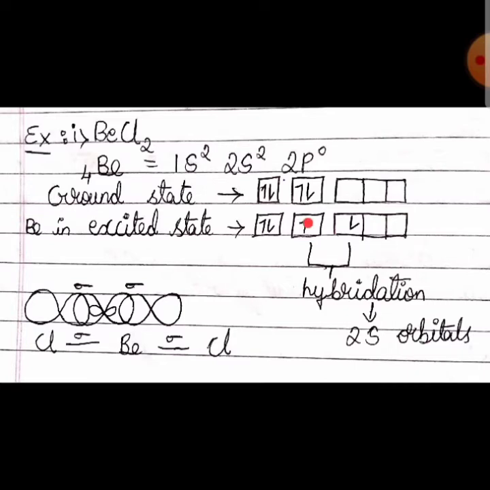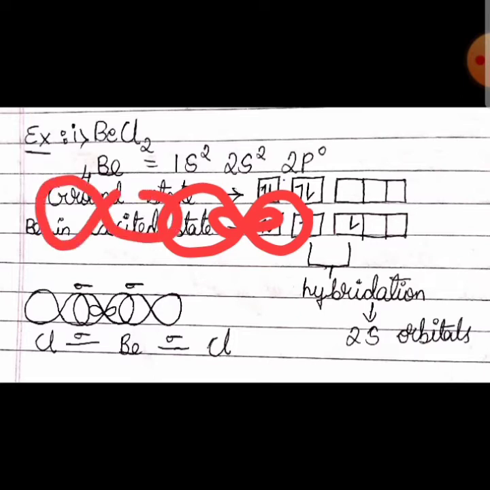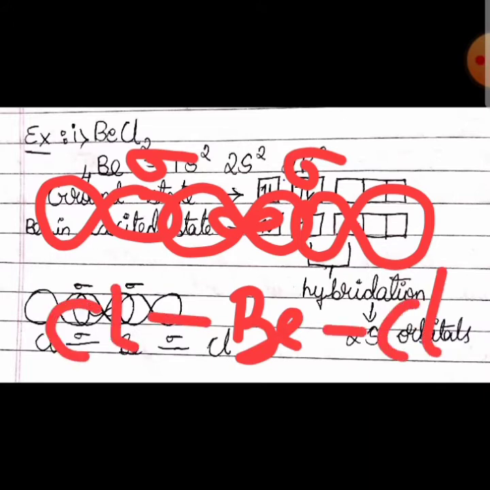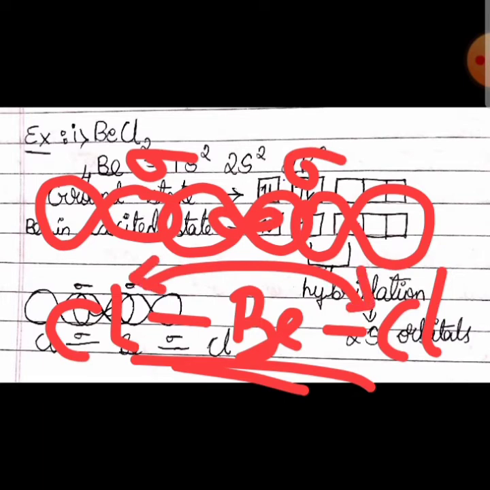After hybridization, each sp hybrid orbital overlaps axially with the p orbital of chlorine, forming a sigma bond. So this is beryllium and these are the two chlorine atoms, forming a linear structure with a bond angle of 180 degrees.